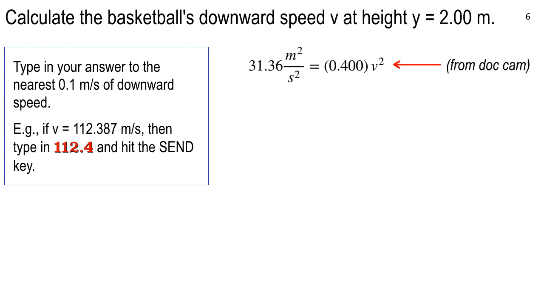Okay, so from the document cam, here's where we stopped before I wrote the word etc. 31.36 meters squared per second squared equals 0.400 times v squared. So to get v squared by itself, you divide both sides by 0.400.